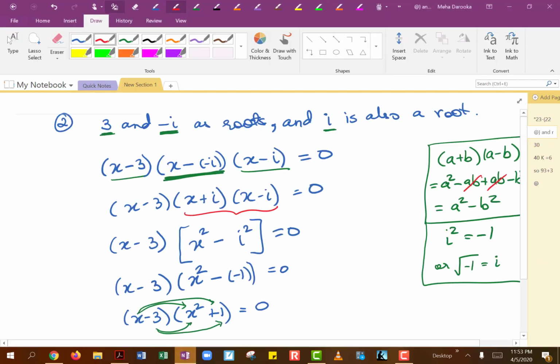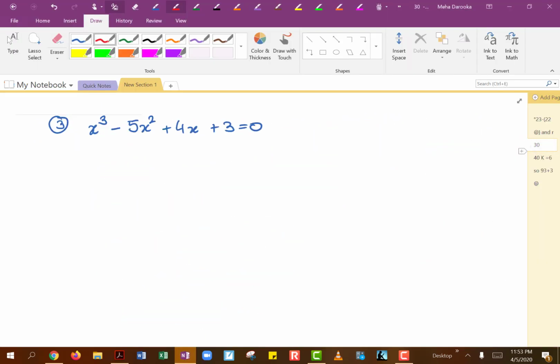All right, let's come down to example 3. We've got x to the third minus 5x squared plus 4x plus 3. This is your original polynomial that you're going to check for changes of sign. x to the third is positive, and we go from positive to negative 5x squared, so that's one change.